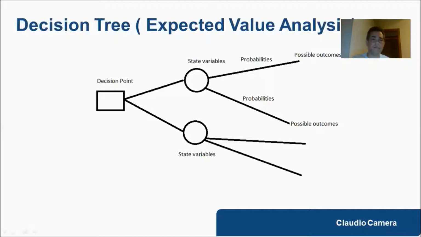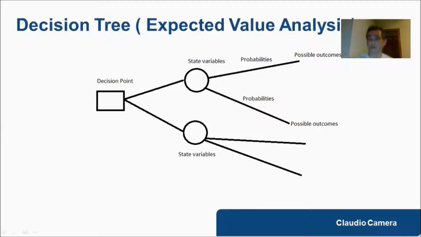If you are not familiar with a decision tree, it's called a tree because you have a lot of branches. This is called a branch. Here you have state variables, and here we have possible outcomes. And on the branches of the tree, you have probabilities.